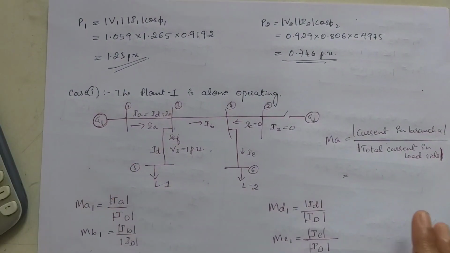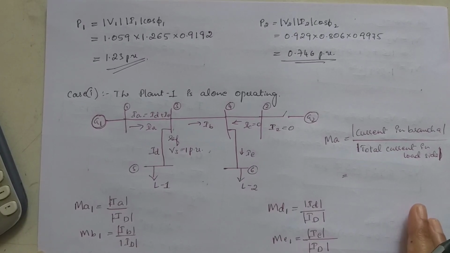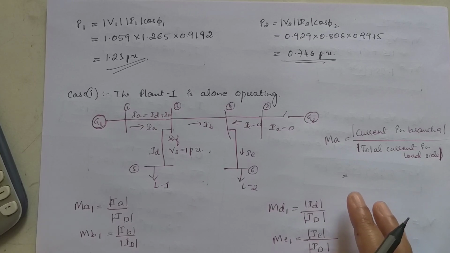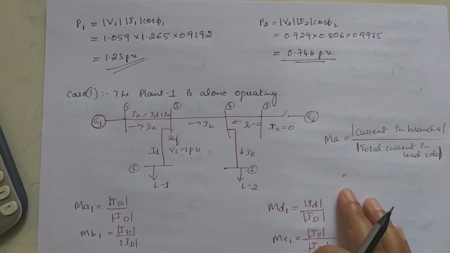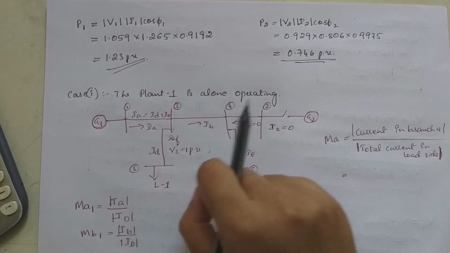Let us find the value of beta Mn. In order to find it, we need the current distribution factor value also. So let us consider two cases. In the first case, we will consider plant 1 supplies the demand alone. So plant 1 supplies the load alone.